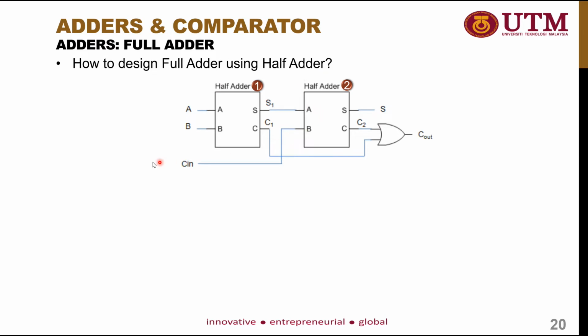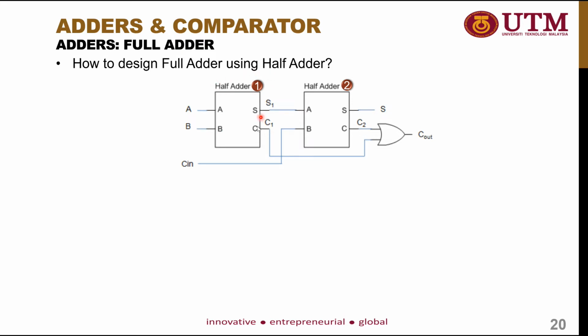As we have learned previously, a half adder has a total of 2 inputs, which are A and B. But a full adder has a total of 3 inputs, which are A, B, and Cin. In order to design the full adder by using half adders, the first 2 inputs, A and B, will be directly connected to the first half adder.